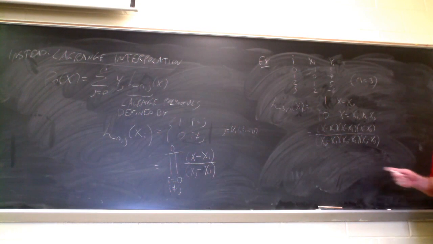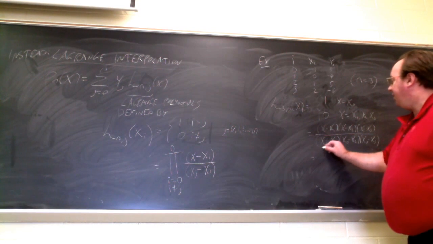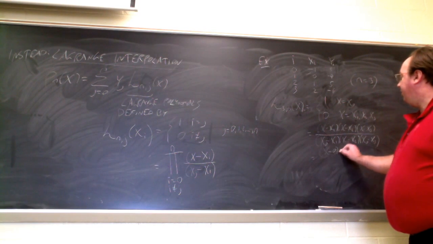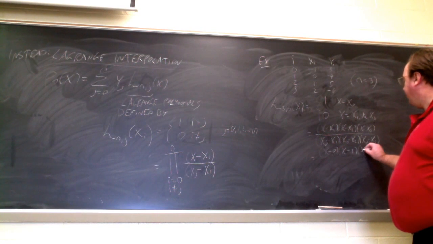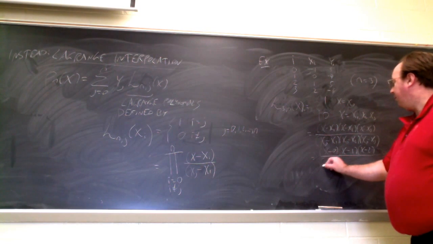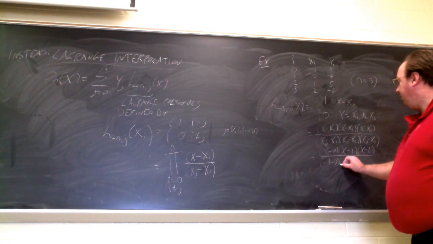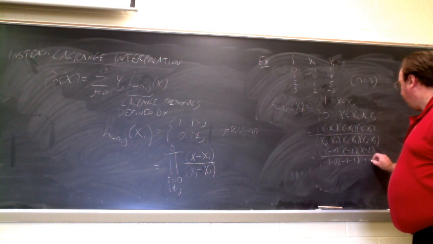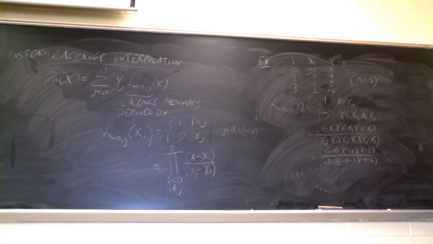That's what it would be in general, but now I can go ahead and fill in the x values I have. So that would be x minus 0, x minus 1, x minus 2, over minus 1 minus 0, minus 1 minus 1, minus 1 minus 2. And then if you were to take the time to simplify that, x cubed minus 3x squared plus 2x, over minus 6.